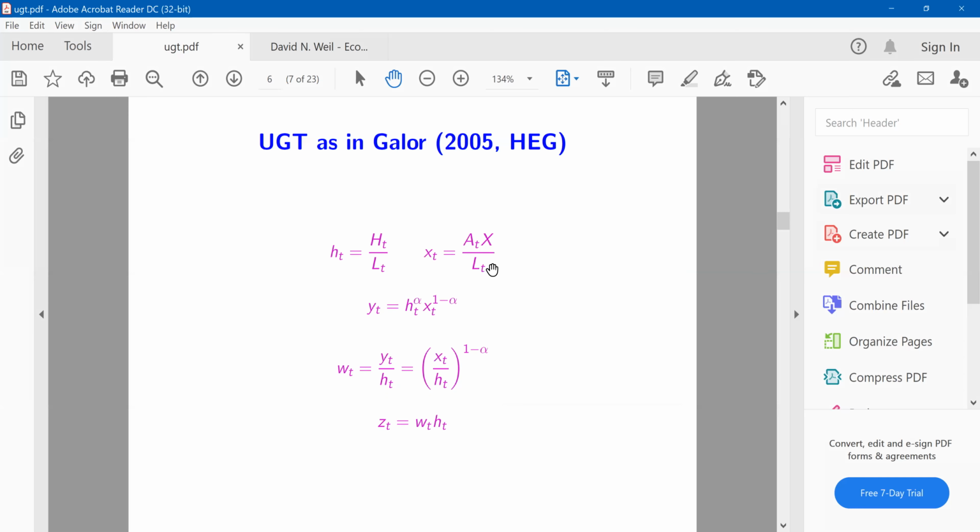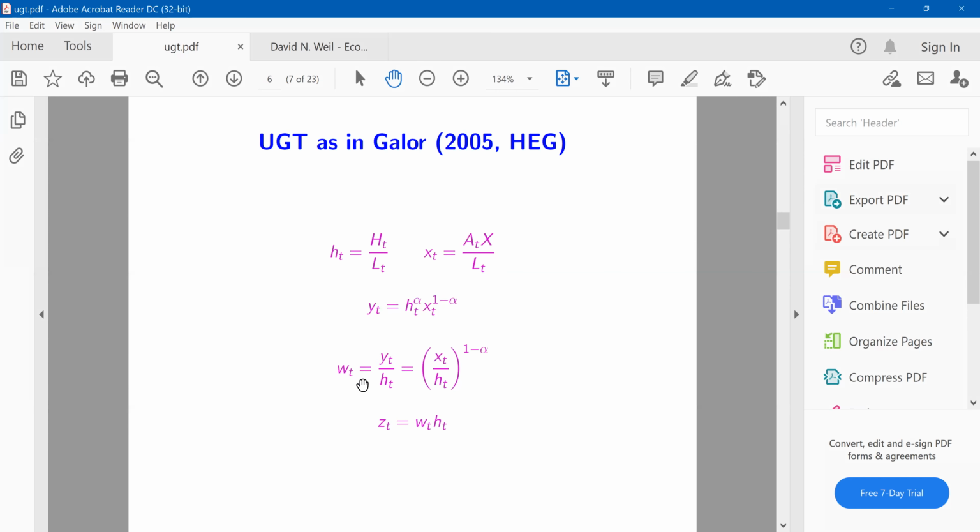L is the number of workers, so X over L is the resources per worker. If you multiply it by A_t, it is effective resources per worker. So production per worker, or output per worker, is this. Output per worker depends on how skillful these workers are, H, and how much resources they have, X.